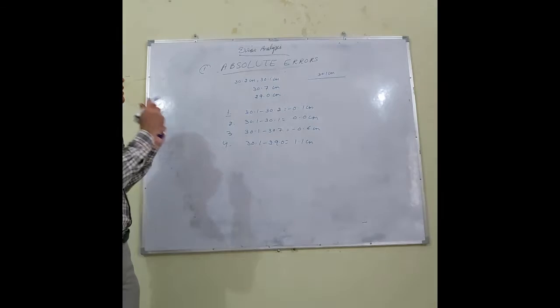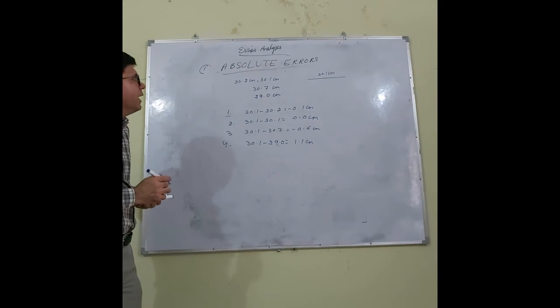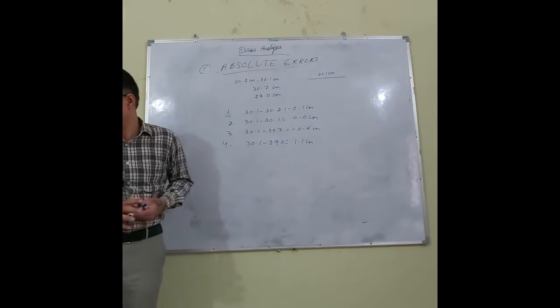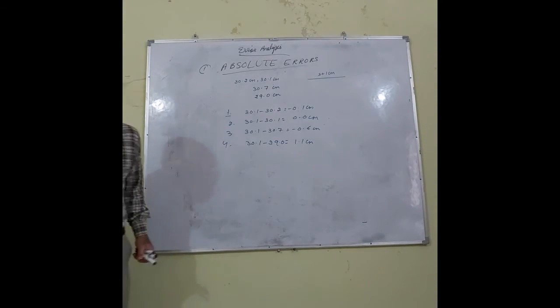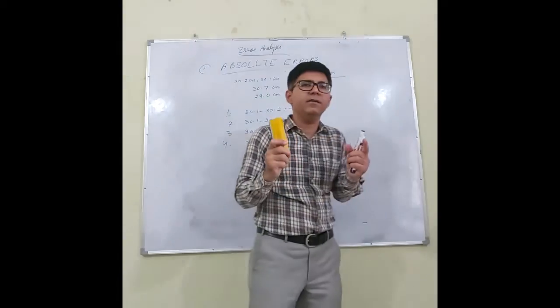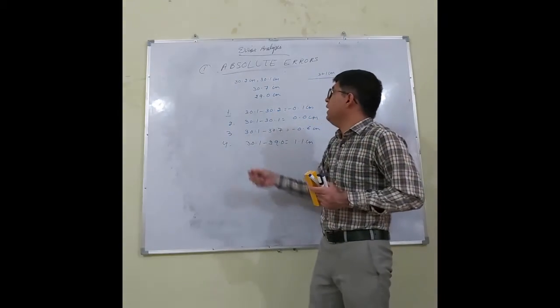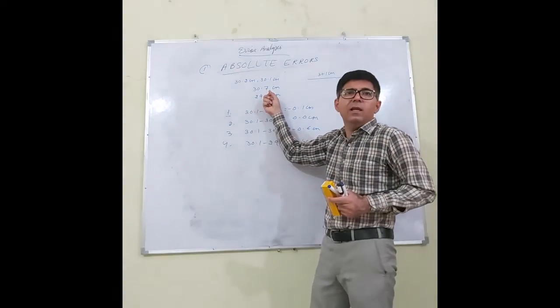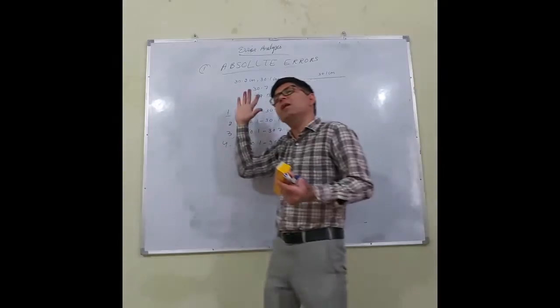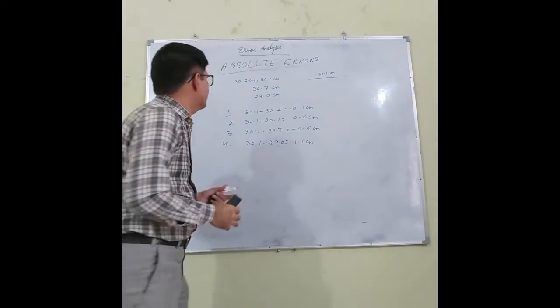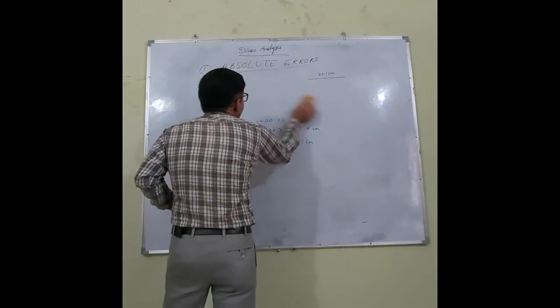So what I want to say is, absolute error can be positive, negative or zero. I am repeating again, absolute error is the difference between the actual value and the measured value. That difference is called the absolute error.